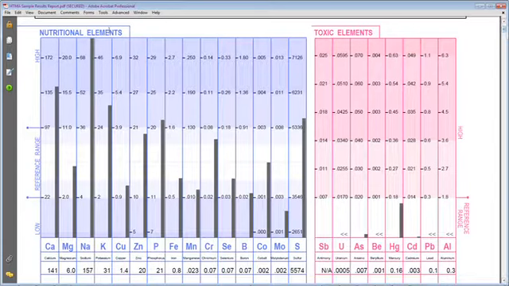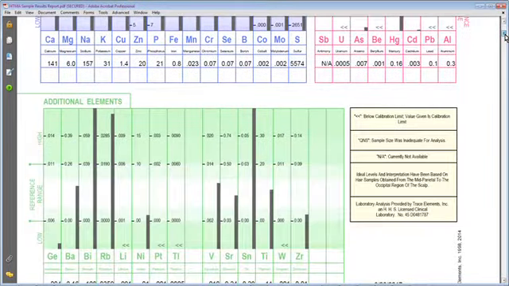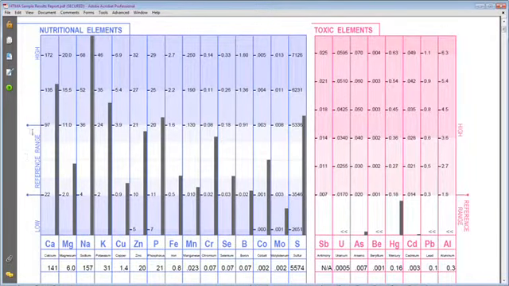We have nutritional elements, toxic elements, and a little beneath that we have additional elements. And what we are looking at down here are the levels. So our reference range is the range that we like to see our levels. You'll see here magnesium is in the reference range, copper is in the reference range.